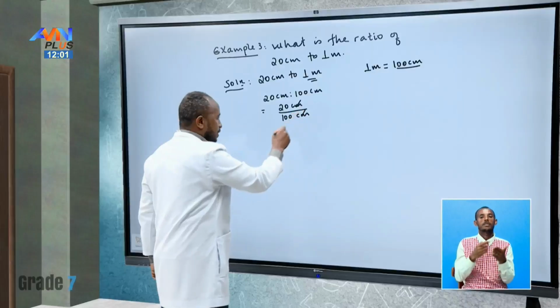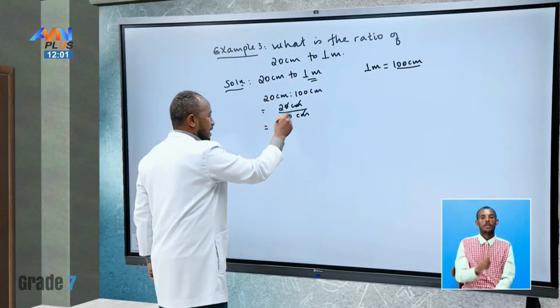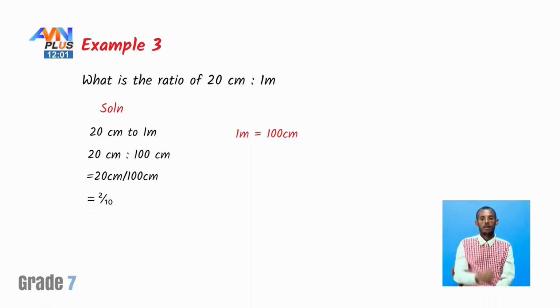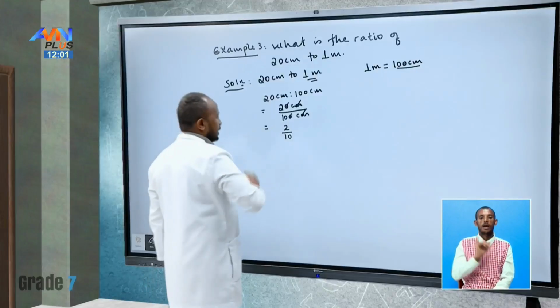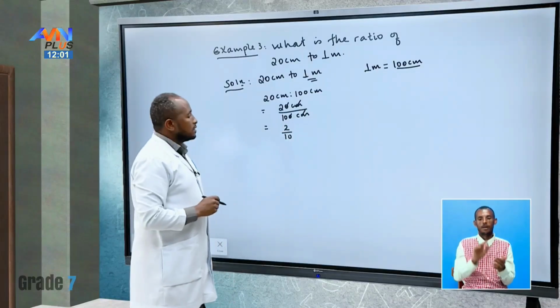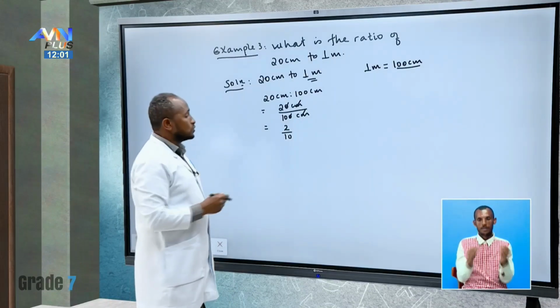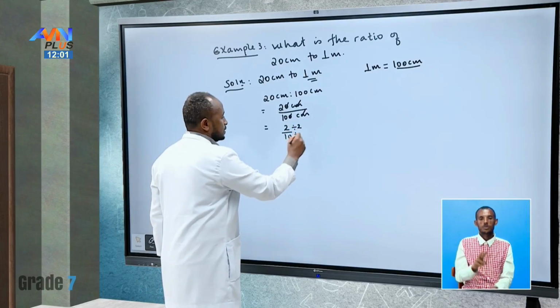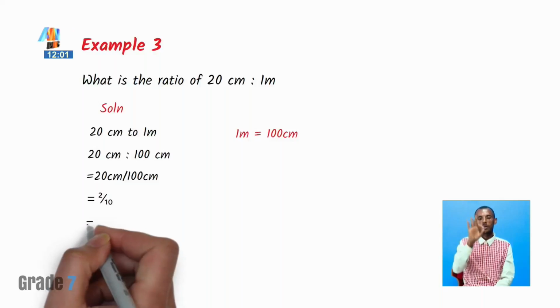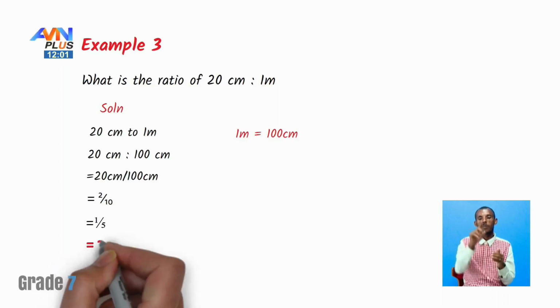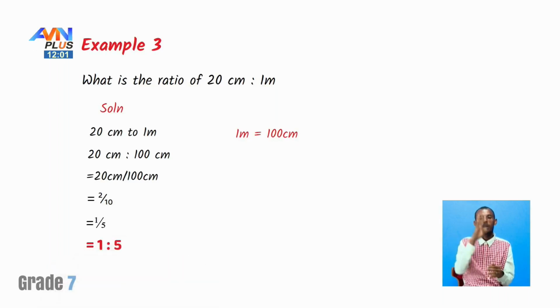Centimeter cancels out, and here again 0 cancels out, and you have 2 over 10. I can write this in lowest terms. Since 2 and 10 have a common factor, which is 2, let's divide both by 2. 2 divided by 2 is 1, 10 divided by 2 is 5. So 1:5 will be the final answer.